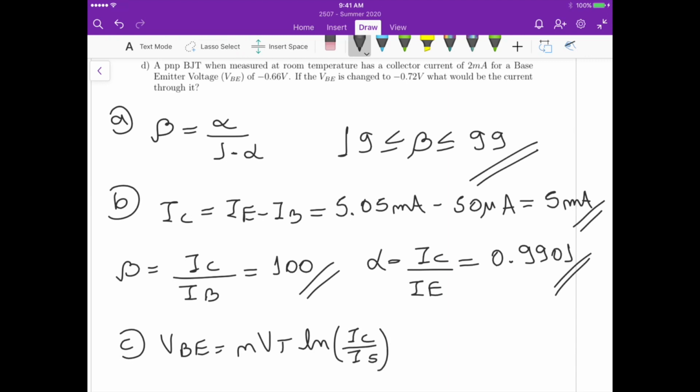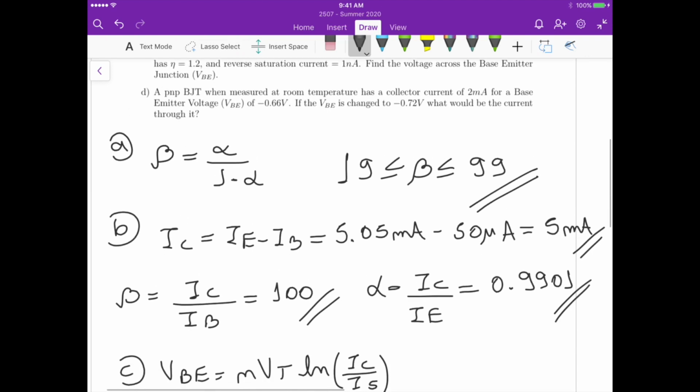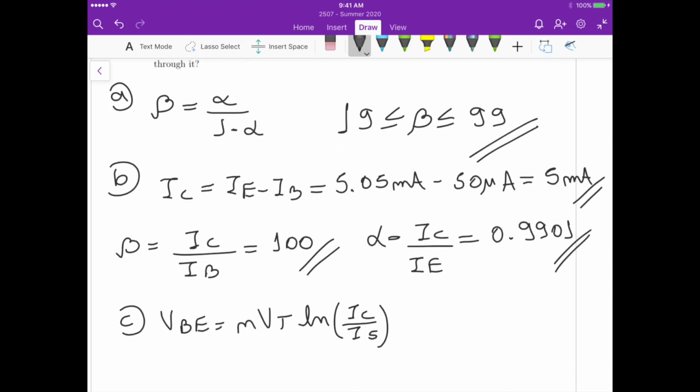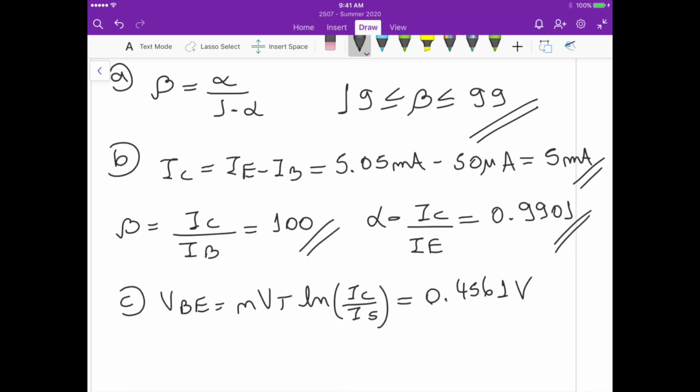So if we substitute, we find VBE equals 0.4561 volts. Okay, and if you want to know the value of VEB, we just take the negative of that, so it's minus 0.4561 volts. Just be careful about VBE and VEB.